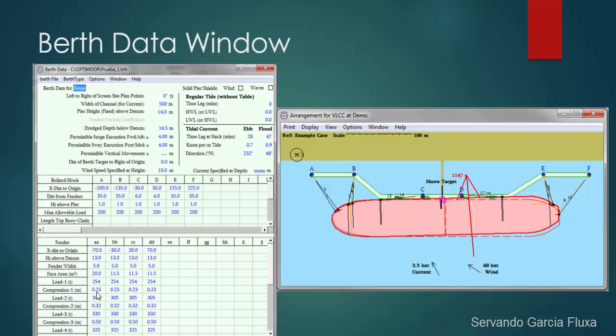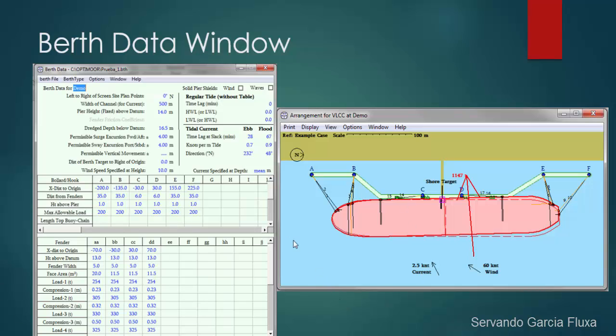You can obtain this from a catalog, or OPTIMOOR gives you some ideas, but as you're probably going to have a very specific fender, it's going to be good that you fill this table with the numbers that you have from your catalog.